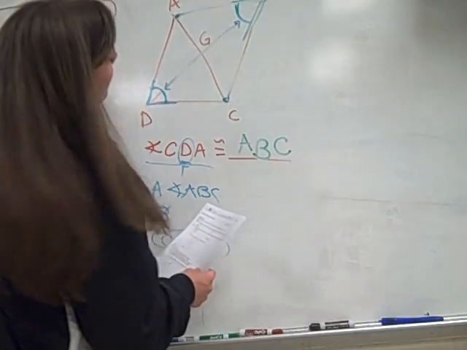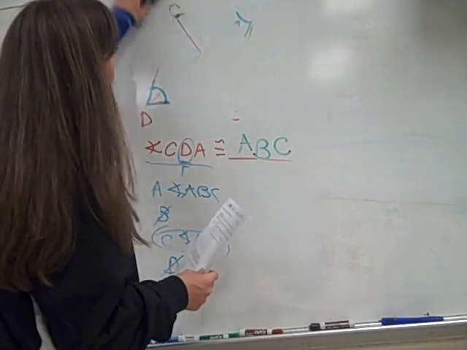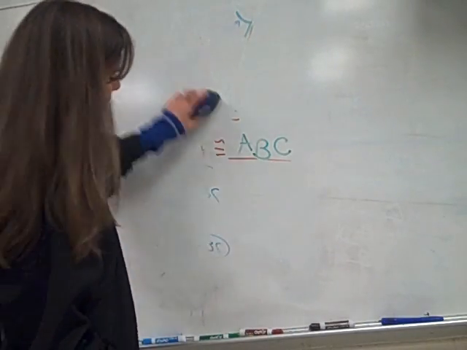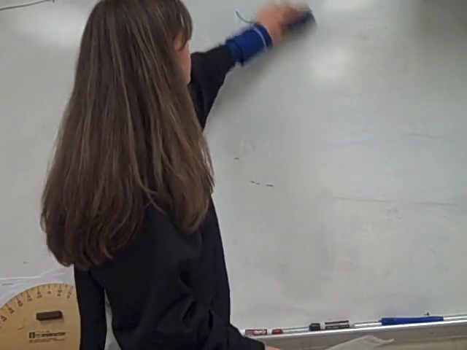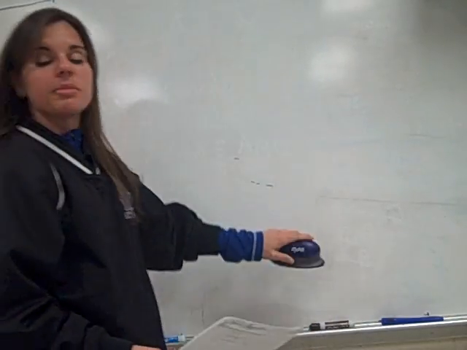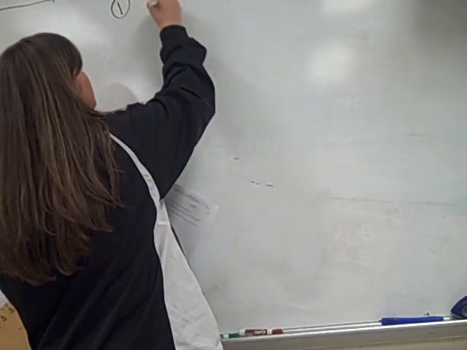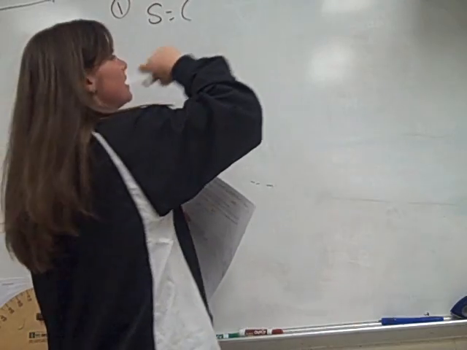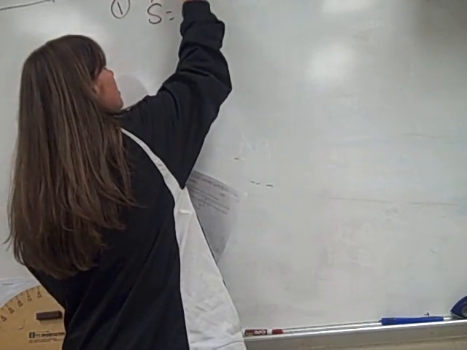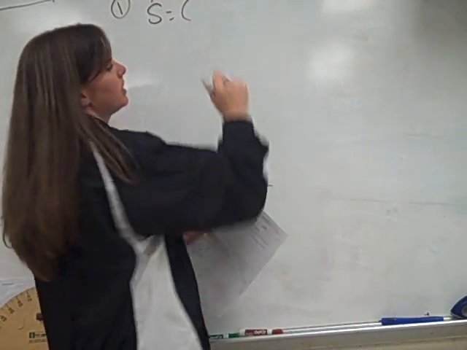Okay. Now, I believe I mentioned the sum of the interior angles with every class yesterday. That's looking at number 1 up there. The sum of the interior angles, this S stands for sum, which means the total.